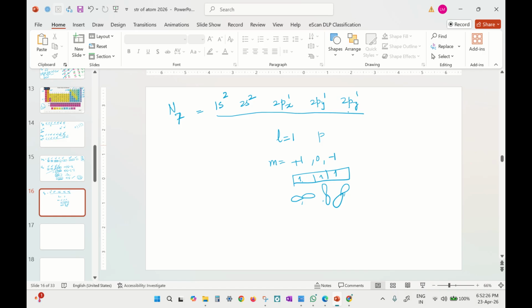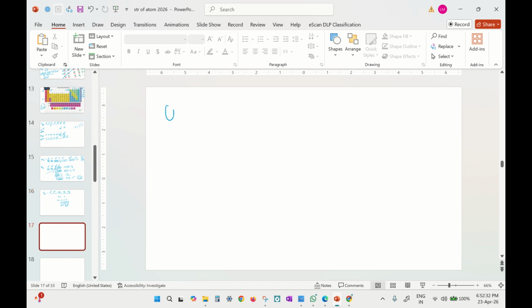Vishak, clear? So what will be the electronic configuration of oxygen in detailed form? Come on. 1s2, 2s2 and 2p4. And where are these four?